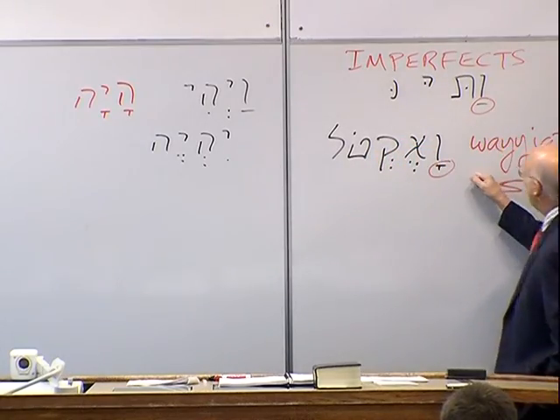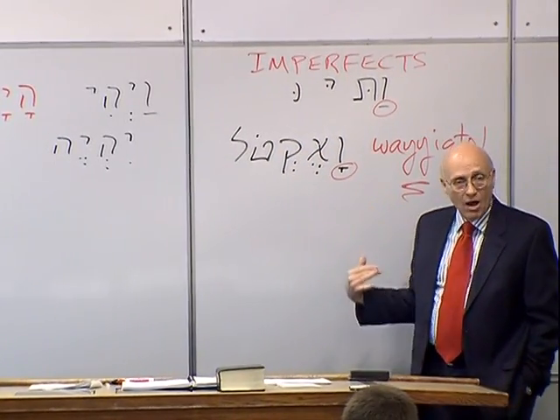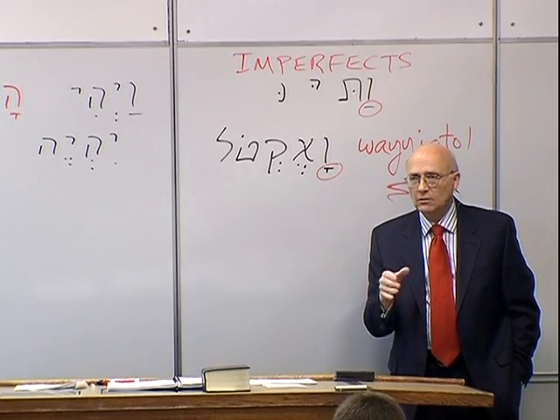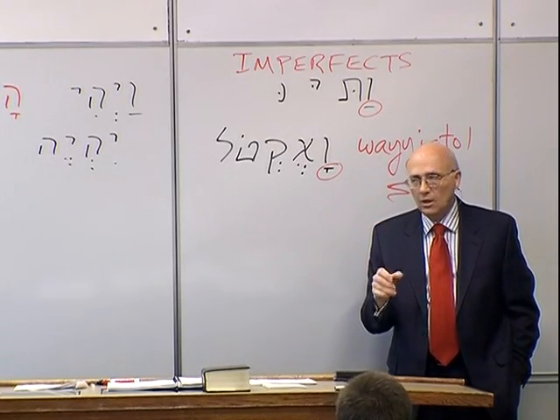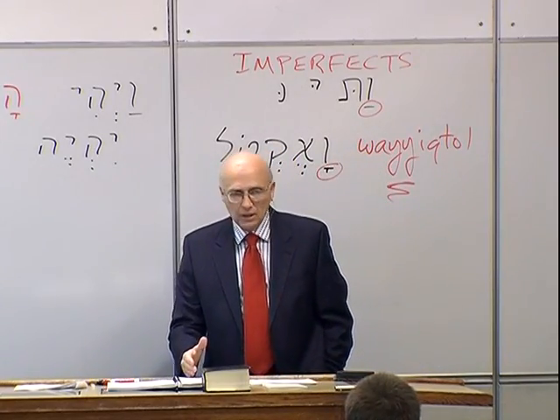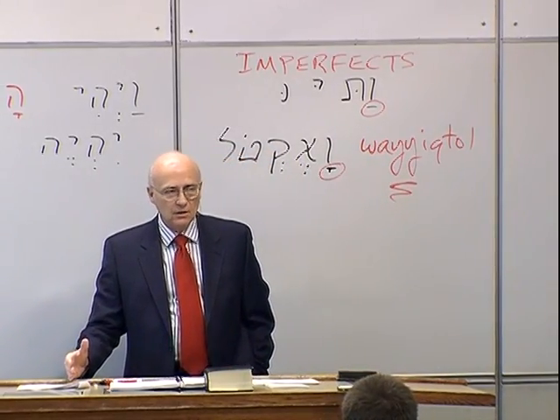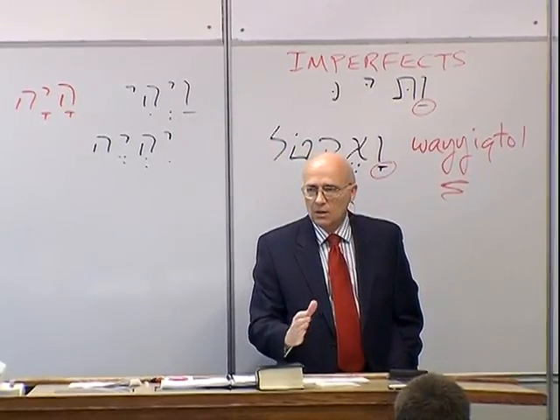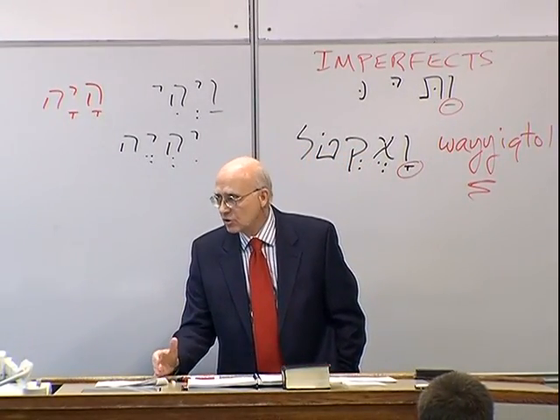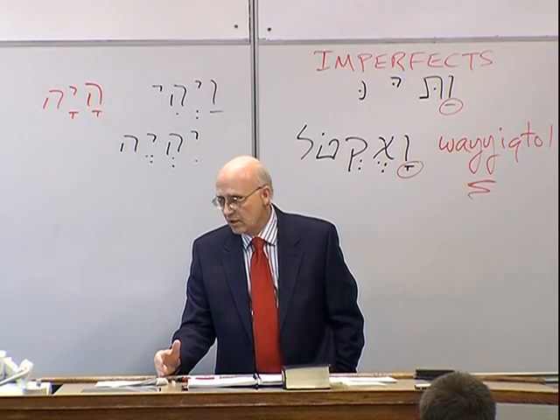The wayiqtol forms of the verb, or what we call the wow consecutives, are always sequential. Always sequential. Whether it's in narrative, whether it's in poetry, or whether it's in prophecy. Whether it's past time, present, or future. They are always sequential.